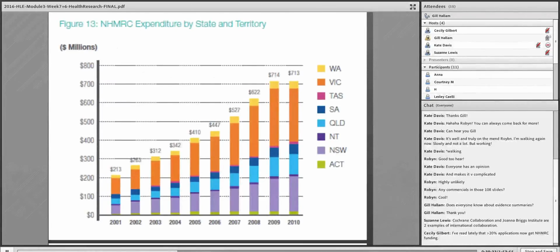Going back to the states and territories, this gives you a screenshot of how it's divided up. The ratios have remained pretty similar, I would argue. If you look at the bands of colour there, that hasn't changed significantly. So even though the funding has increased, the ratio of how it's divvied up across the different states has remained pretty much proportional.